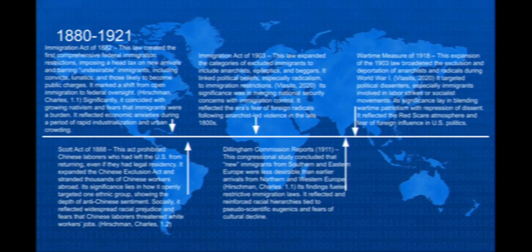The reason I chose this one was because it coincided with growing nativism and fears that immigrants were a burden. I felt this one was important to show that these laws back then were pretty unfair, and over time they slowly became more accepting and more fair. But I chose this one since this was back when laws were really, really harsh.